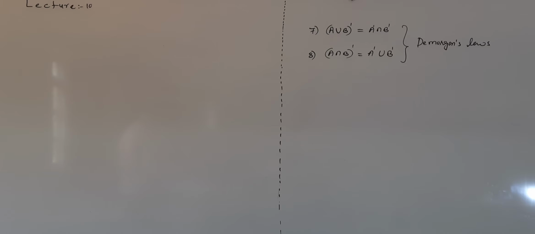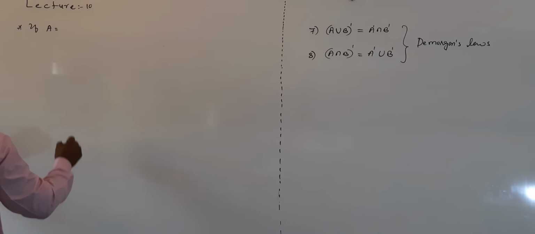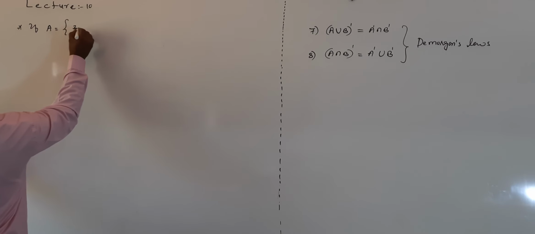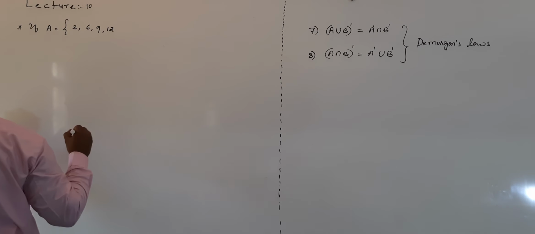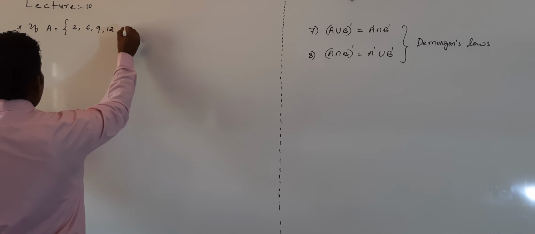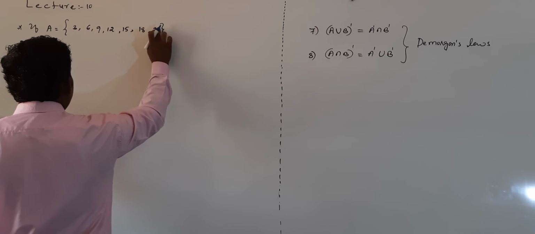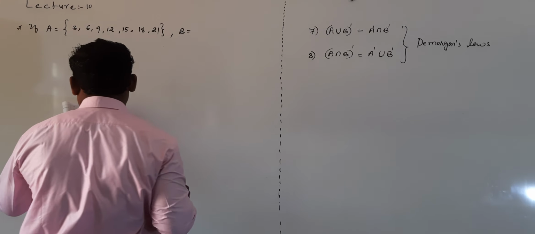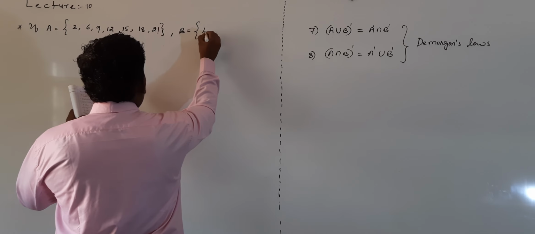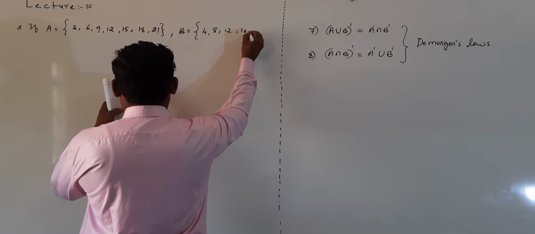Next problem. If set A is equal to 3, 6, 9, 12, 15, 18, 21, and set B is equal to 4, 8, 12, 16, 20.